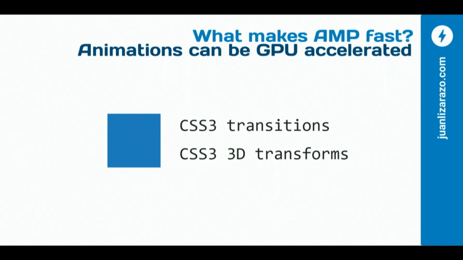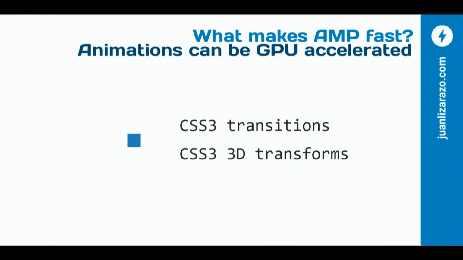And the last slide here, we have that animations can be GPU accelerated. This is important for your project and for AMP. For your projects, not all animations are GPU accelerated. Maybe you have noticed that some of your animations are not smooth. For example, if you're animating left or right properties, they are not using the GPU. But if you switch that to translate or to transforms, it's going to be accelerated by the GPU.